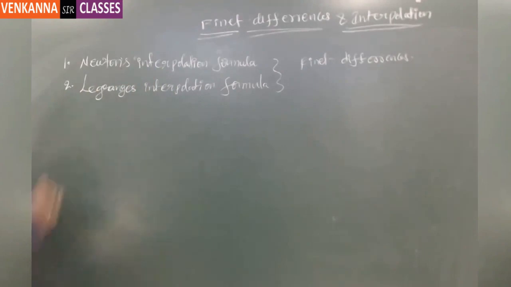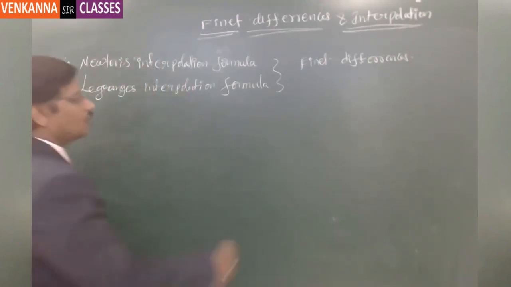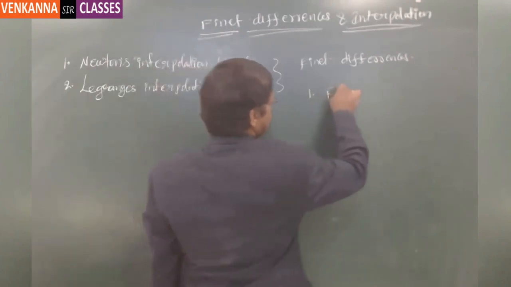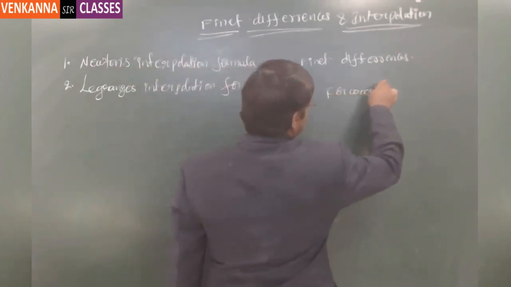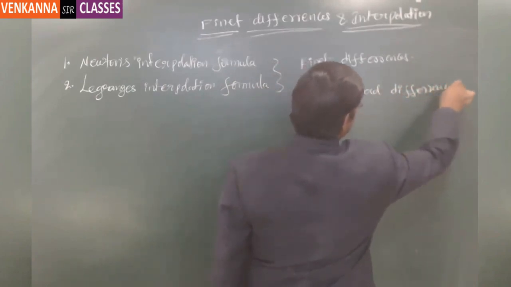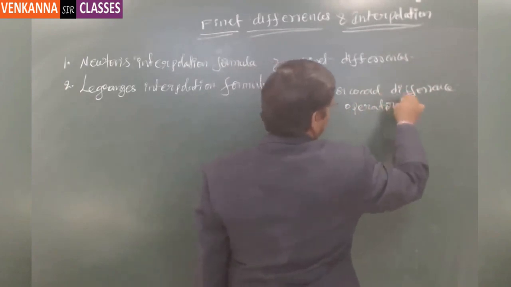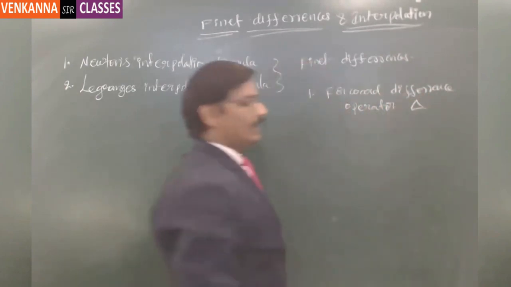There are three different symbols used here. One is the forward difference operator, and this is represented by the letter delta.